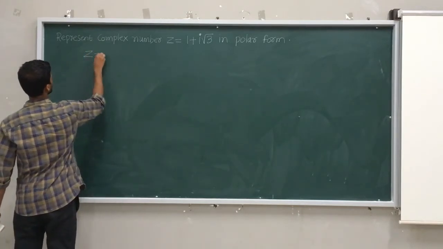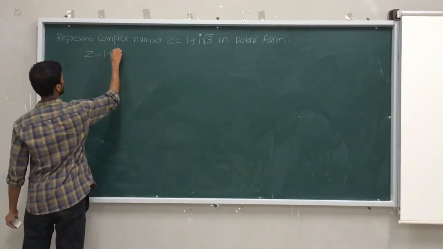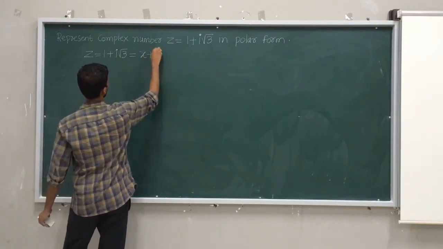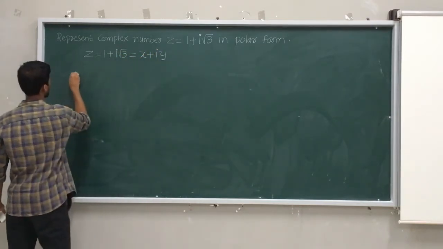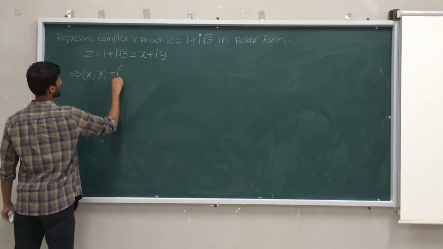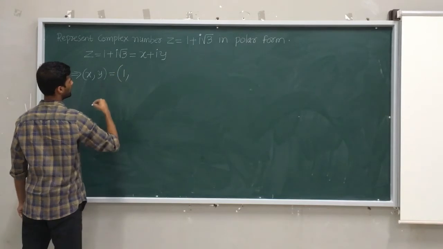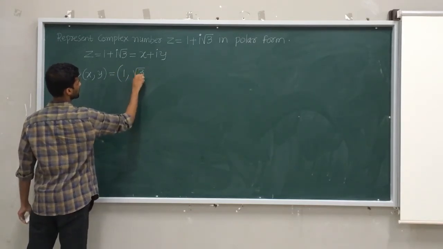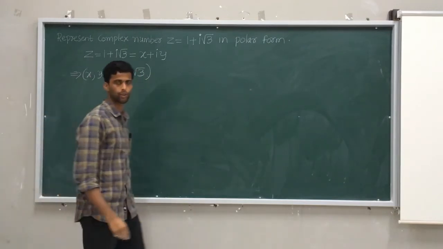So given z, that is 1 plus i root 3, it is equal to x plus iy. Which implies, I'll write what x comma y is. When I compare both sides, x is 1, okay, and y is root 3. Yes or no?